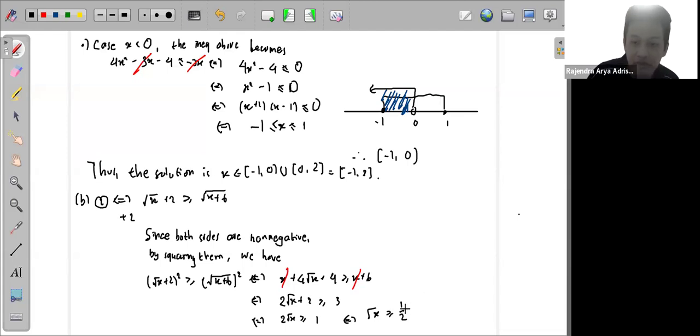Now, notice that this is a square root of x, and this is a positive number. A square root of x is always non-negative. So once again, we can square both sides. Let me copy this.